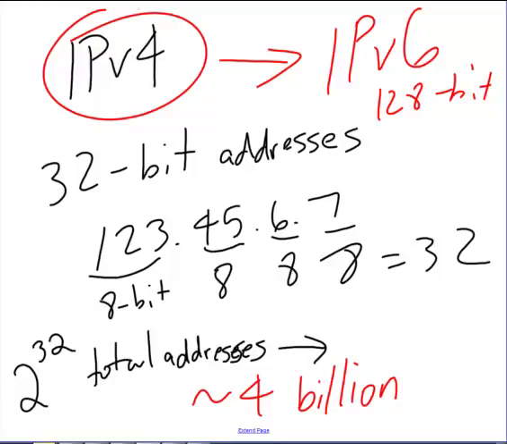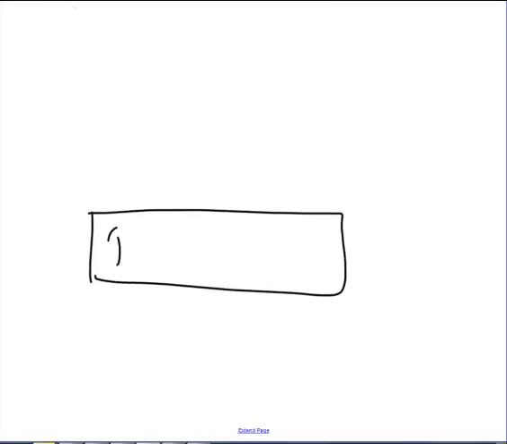So what this leads into is we have to come up with some way to reuse addresses. And NAT is one of the procedures that is used to do that. Now, I'm sure all of you, or most of you at least, have a little network at home. You have a broadband router.